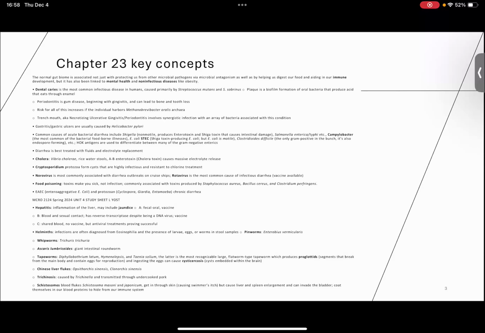For example, we can also look at motility because Shigella is non-motile. It doesn't have any flagella, whereas E. coli tends to be lophotrichous and Salmonella tends to be peritrichous. Those are all different presentations of the flagella and flagellar antigens that can help us differentiate what is causing your diarrhea.